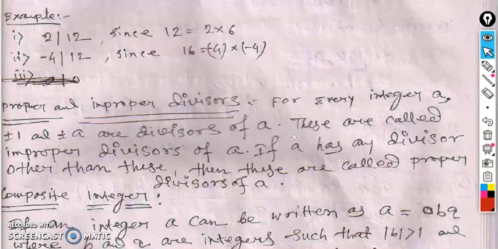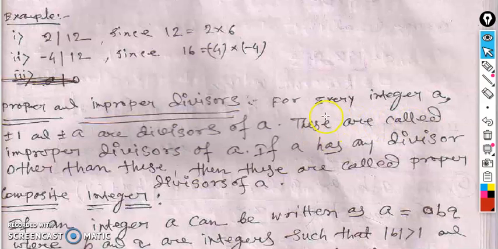Every number is divisible by itself, by plus or minus 1, or by plus or minus the same number. These are called improper divisors. Any other divisor is called a proper divisor.